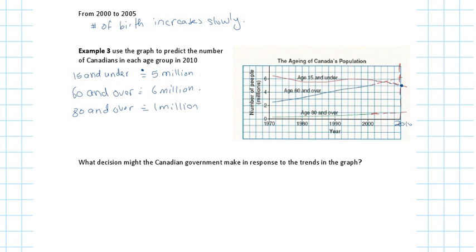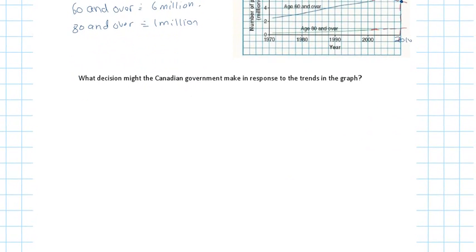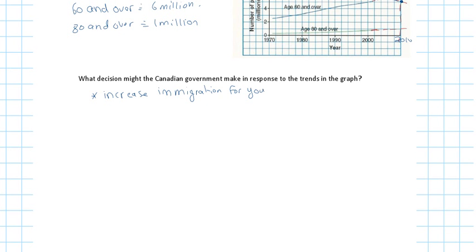What decisions might the Canadian government make in response to the trends in the graph? Since we have a decline in the young people and an increase in the seniors, these are some possible outcomes. Increase immigration for young families. You can increase retirement age.